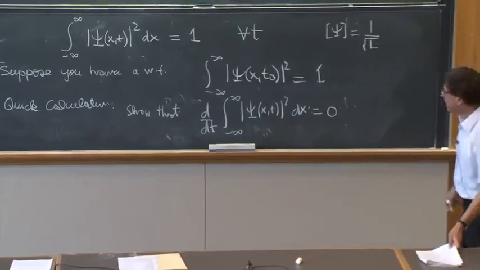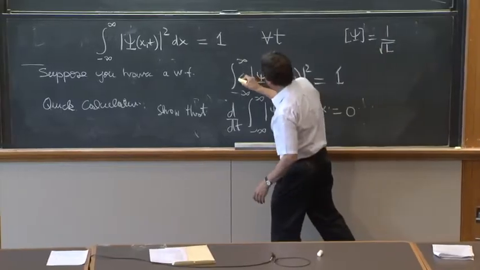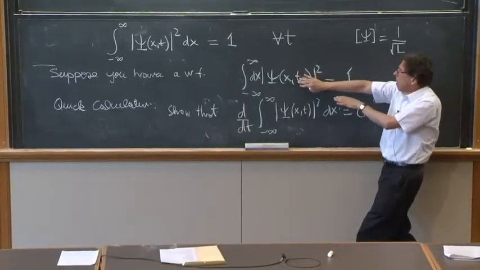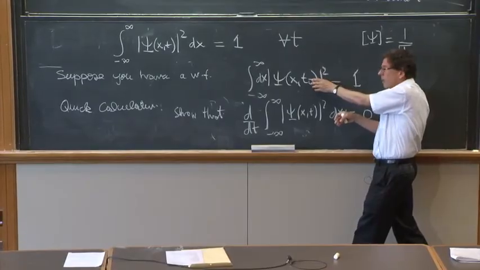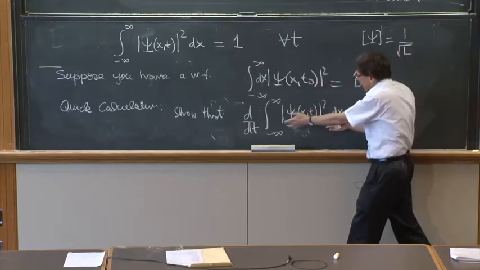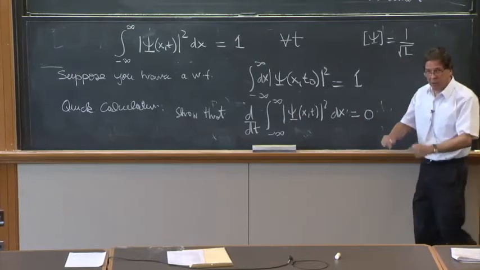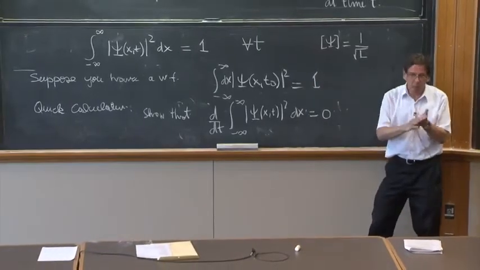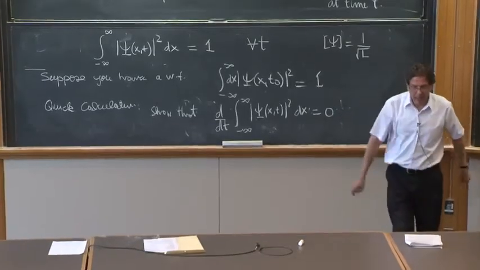I'm sorry, I'm missing a dx here. So basically what this is saying, you got here 1, but think of this integral for all times. Now it could be a function of time, because you put an arbitrary time here. The integral might depend on time. So it's a good question to think of that integral as maybe a function of time and take its derivative. If its derivative is 0 for all times, and at some time is equal to 1, it will be 1 forever. So you must show that this is true.